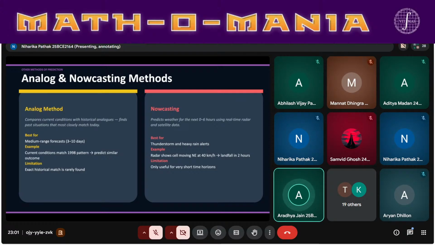You might have seen on Google a red alert in Mumbai or a red alert in Vellore. That's how it tells us, okay, in a few hours this is going to happen, a thunderstorm. And it gives us quite a good alert, but it is only used for short time intervals. Of course it wouldn't really have good knowledge beyond the next few hours. So these are the methods.